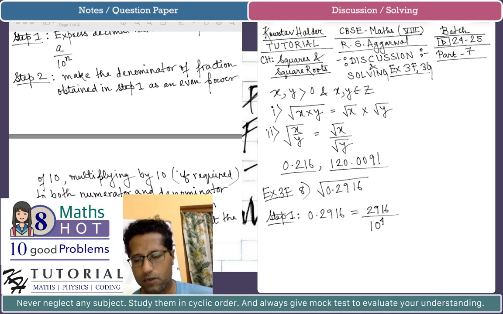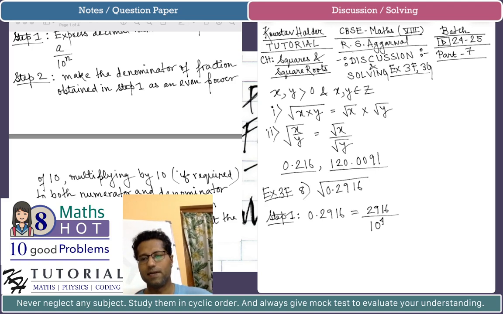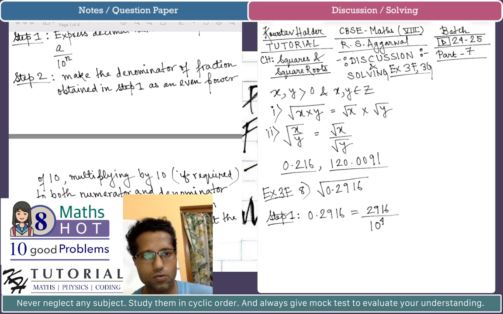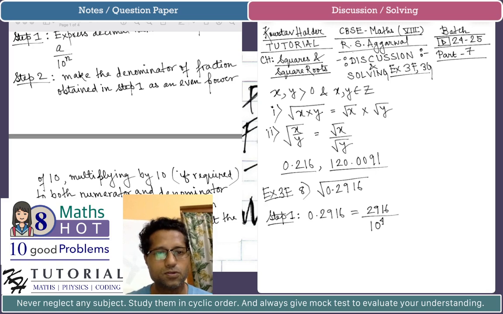If we had an odd power, we would multiply the denominator and the numerator by 10. For this problem, it is not required because 10 to the power 4 is already an even power. So step 2 is not required for this problem.